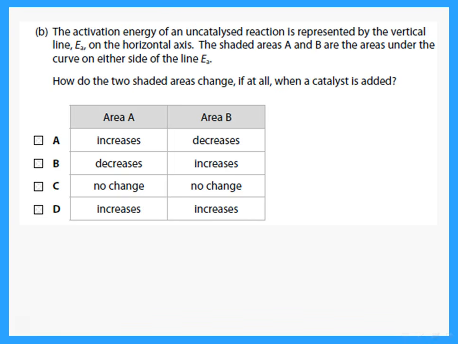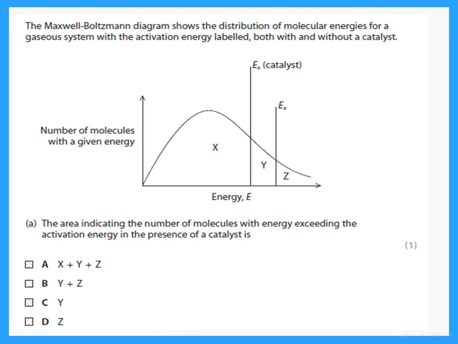So what he's saying is he is going to use a catalyst. What happens is that we said the energy of activation will move to the left. So area A will decrease and area B will increase. And that's why we have more particles now having energy higher than the energy of activation.